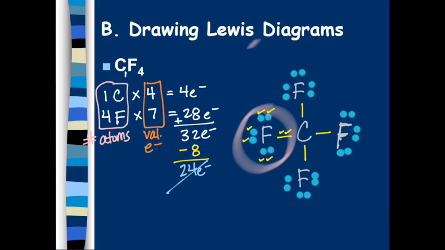I see 8 around carbon. But when I look at this, my total is still 32 total electrons. I have 24 dots, and the 4 dashes represent 8 electrons. 24 plus 8 is 32. There's no need to go to the 5th step. I don't have any electrons remaining, and everybody has an octet that should have it.